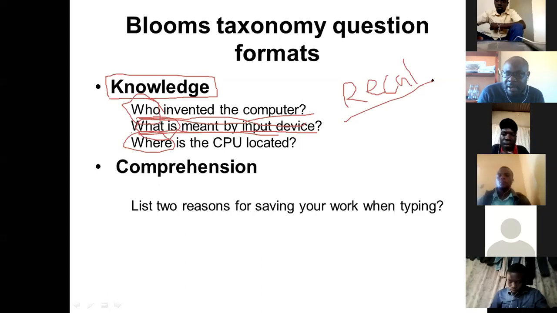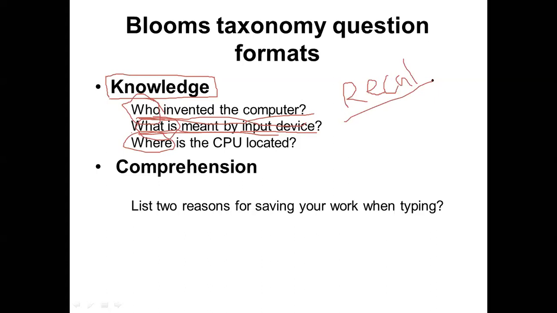Okay. Now, the next level is the level of comprehension. Here we are trying to assess the understanding of a learner. Does this learner understand what they are doing? For instance, list the two reasons for saving your work when typing.